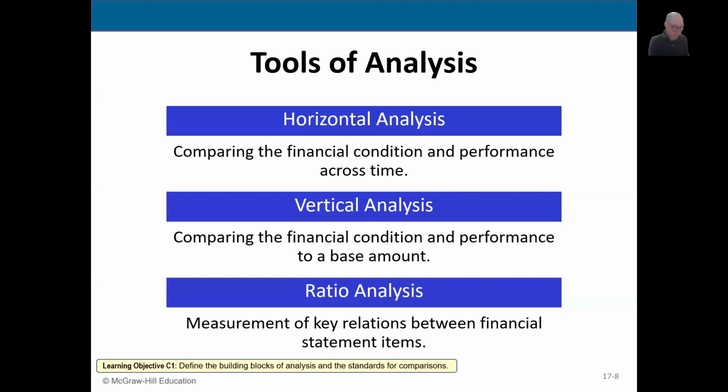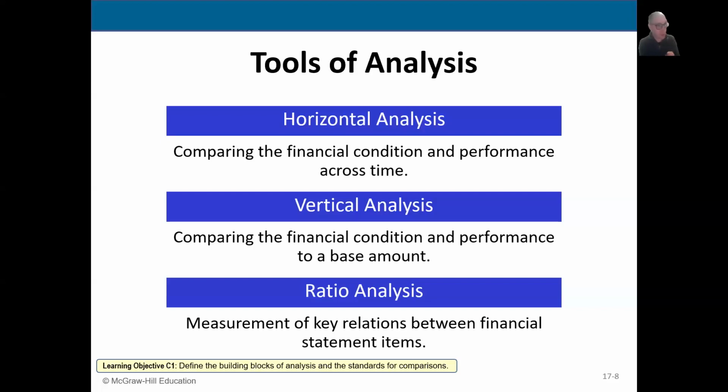Vertical analysis is where I compare an amount to a base amount up and down the financial statement. Vertical, up and down the financial statement. Here's how it works. On the balance sheet, I express everything on the balance sheet as a percentage of total assets.